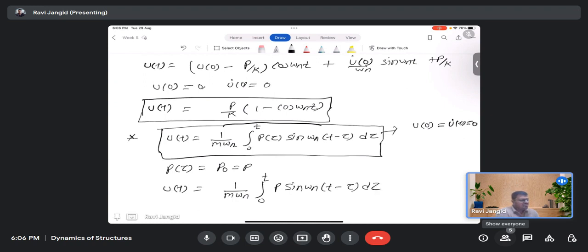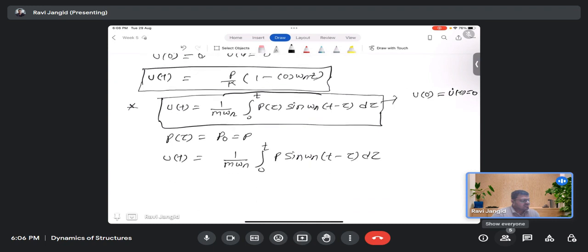If I do the integral of this, that becomes p naught over m omega n, into minus cos omega n (t minus tau) divided by minus omega n, from 0 to t.